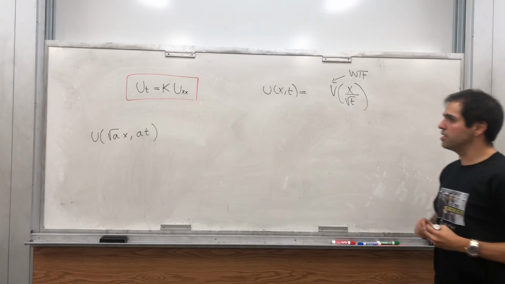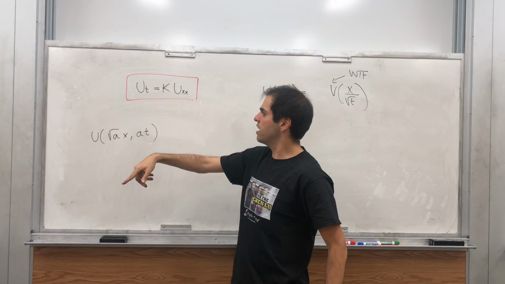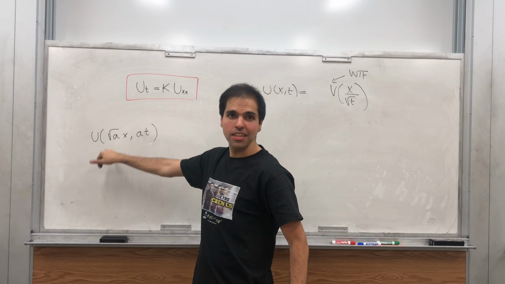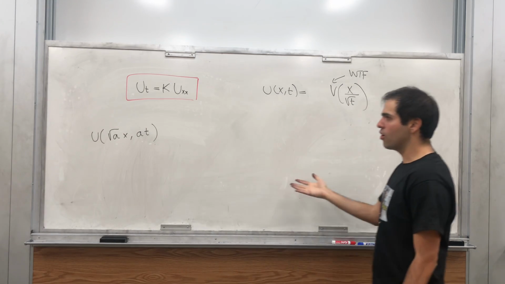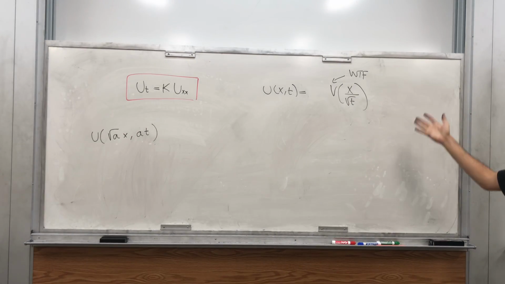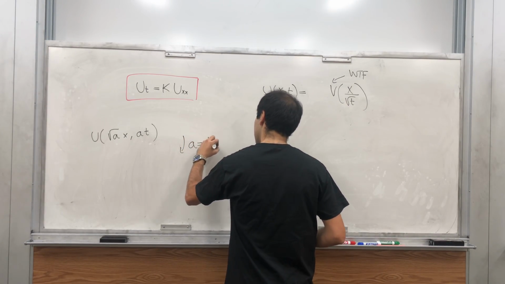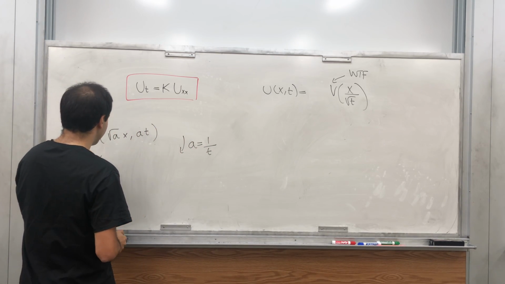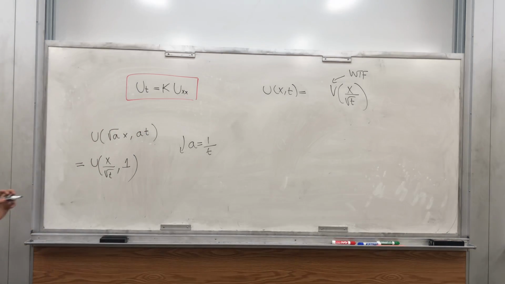That's because in this equation, you differentiate once with respect to t to get an extra a out, but you differentiate twice with respect to x to get √a times √a, which is a. Again, here a was constant, but let's assume a is 1 over t. Then, in theory, u(x/√t, 1) should also solve this PDE. And again, it's just motivation.